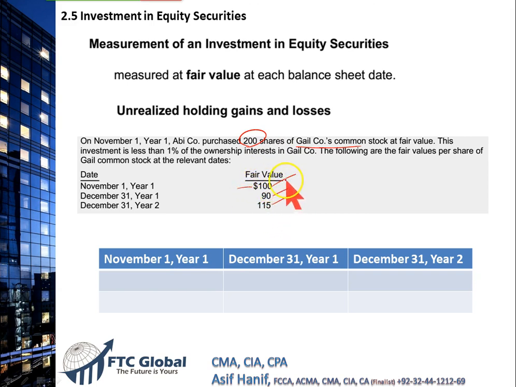On the date of acquisition, the price was $100. On the balance sheet date, the price fell to $90. That's the market value. And when we reached 31st of December year 2, the market price rose to 115. All these are determinable fair values that can be observed from the market.